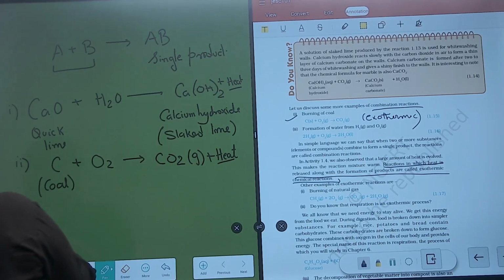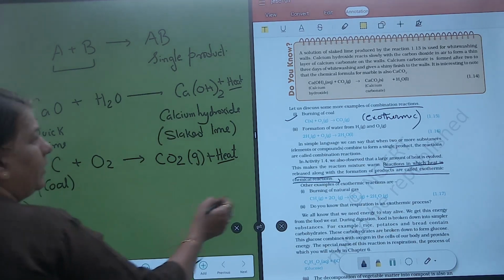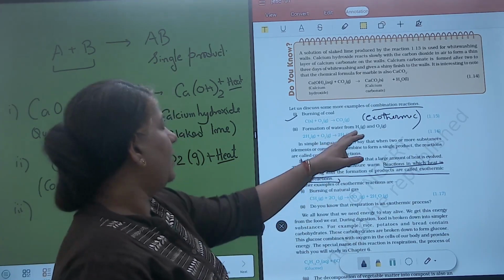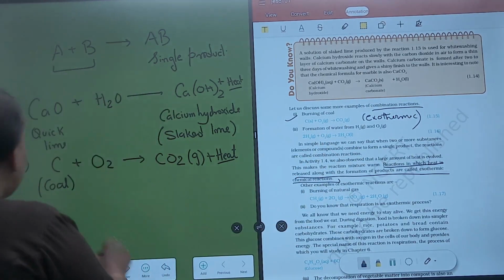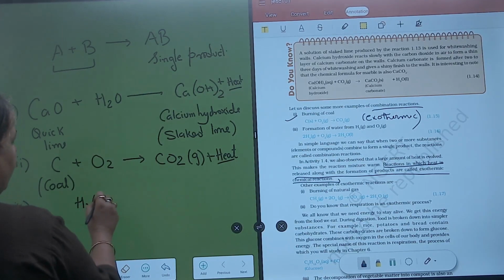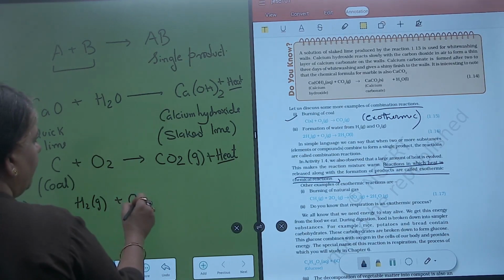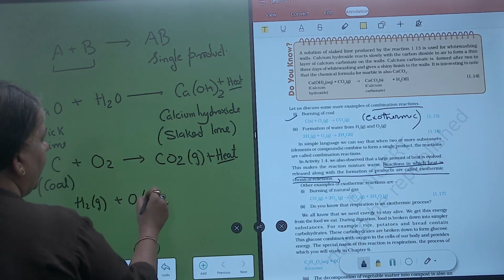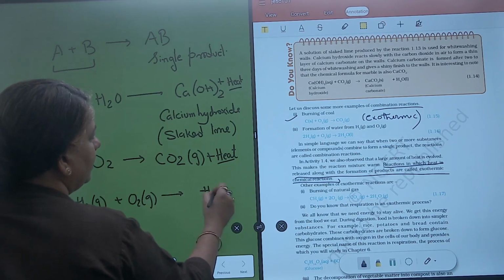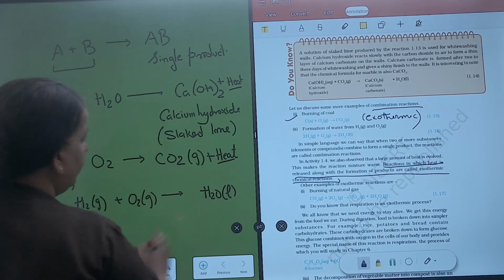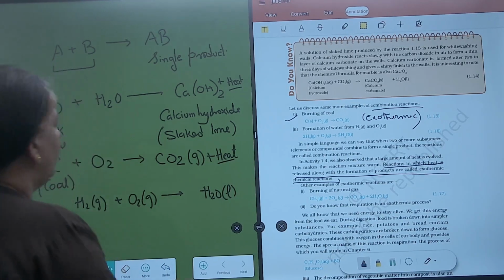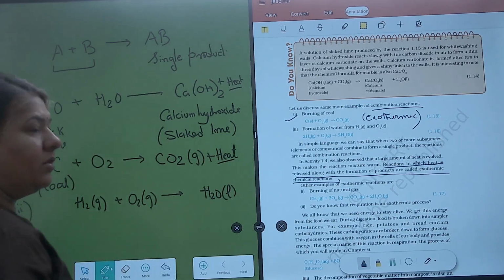Now, the third example that is given, formation of water from hydrogen and oxygen. See, hydrogen is gas and it is combined with oxygen gas. What is produced? Water, liquid. So we need to balance this equation because oxygen is not balanced on both the sides.